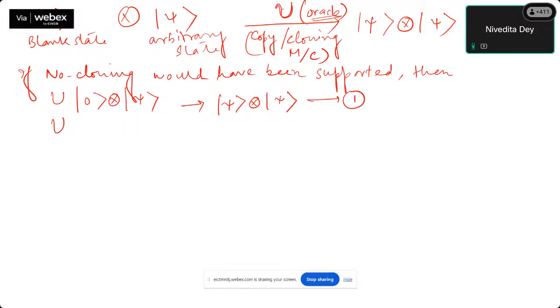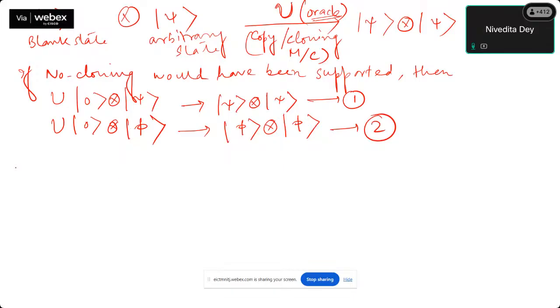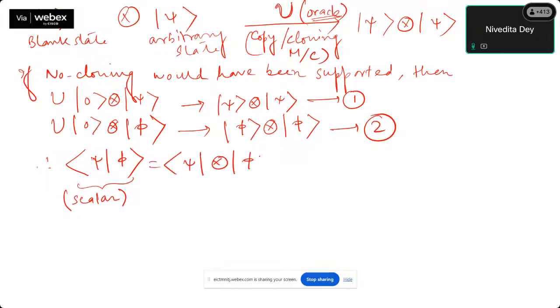If such an oracle exists, then if there is another quantum state phi, it should also be true as per equation 2. Therefore, the inner product of psi and phi, I hope you know what we mean by inner product, always gives a scalar product. We can write it in this way: this is bra psi and this is ket phi.